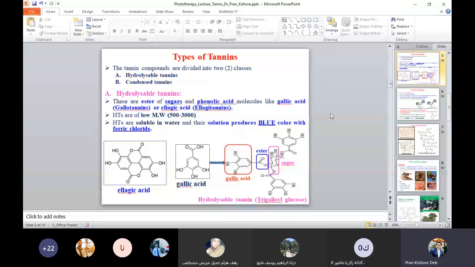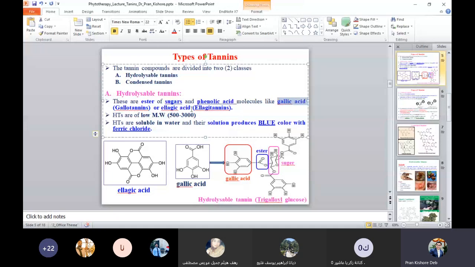So remember these three keywords. Whenever I ask what is hydrolyzable tannin, you must write the three keywords: ester of sugar and phenolic acid. If I ask define hydrolyzable tannin, they are the esters of sugars and phenolic acid. So here I have given two examples of phenolic acid. One is gallic acid, another one is ellagic acid. You see the structure below.